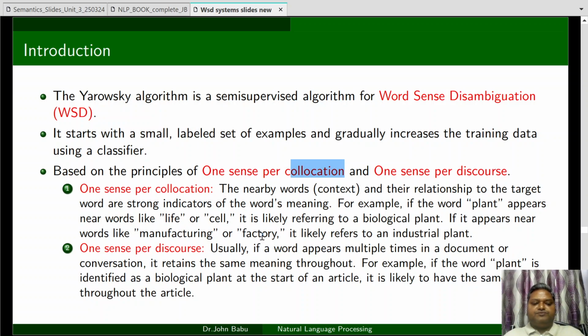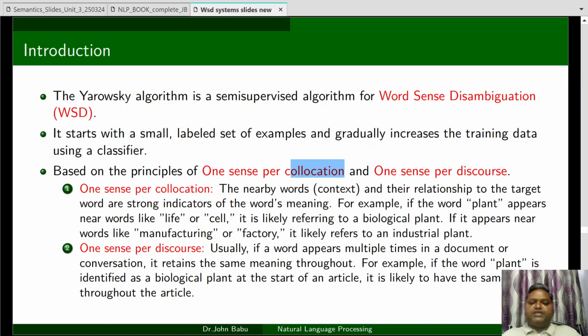The second one is whenever we are in one conversation, one discourse. For example, when we are talking about cricket, the word bat indicates the batsman using the bat, not the bird bat. So in a discourse about cricket, the bat has only one meaning, the instrument used for playing cricket.